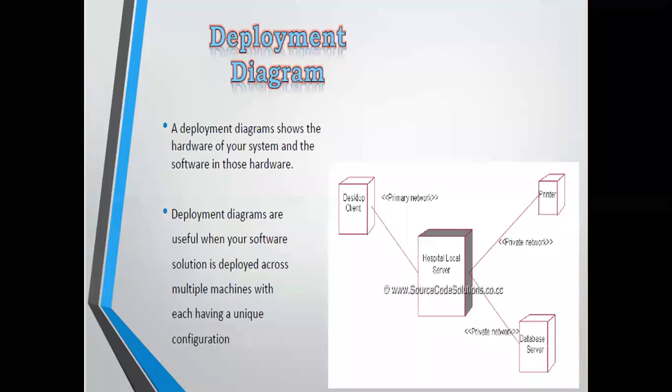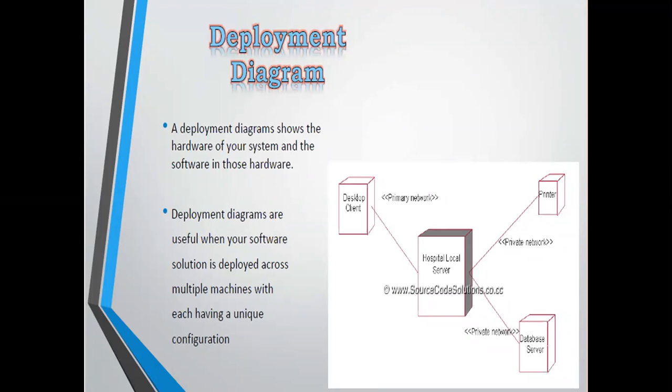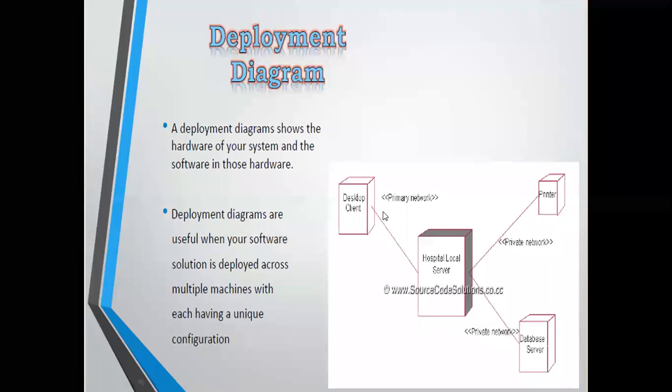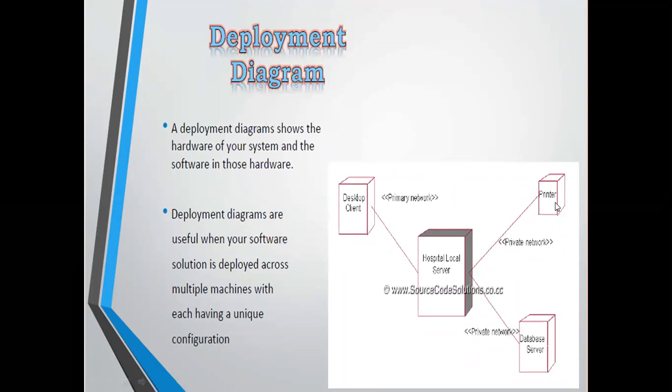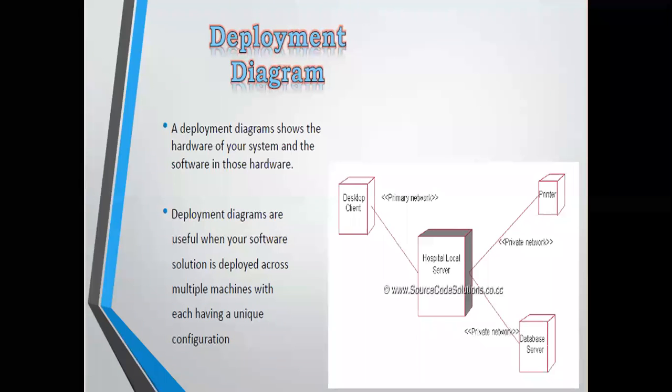We are going to provide hardware components with that software to the end user, like the desktop client, then a hospital local server, then database server, then printer. Like this we are going to deploy. This is the deployment diagram. This diagram is necessary whenever we are going to deploy the system to the end user.